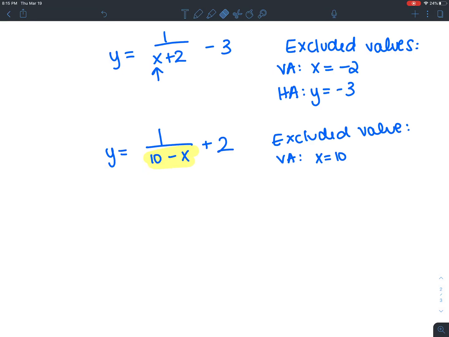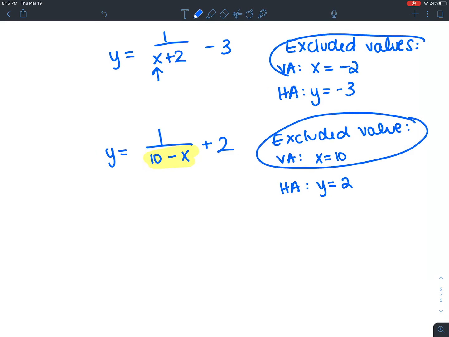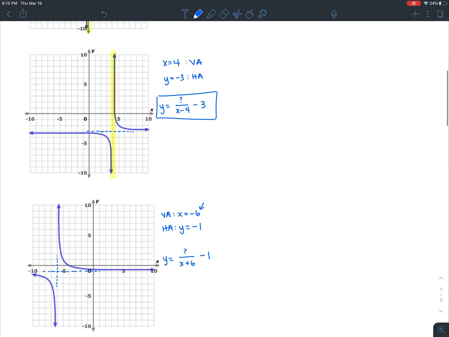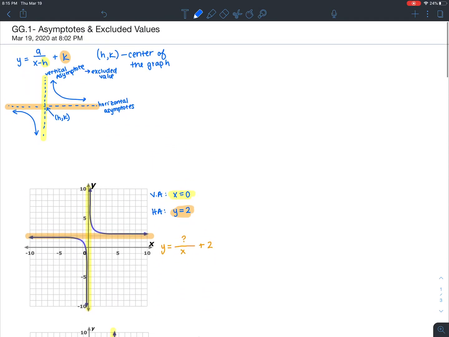And if I basically ignore this, then my horizontal asymptote is right there. y equals 2. So remember, the excluded value is connected with the vertical asymptote because it's the x value that doesn't work. That's all you need to know for GG1. If you have questions, I will answer them when we have class.